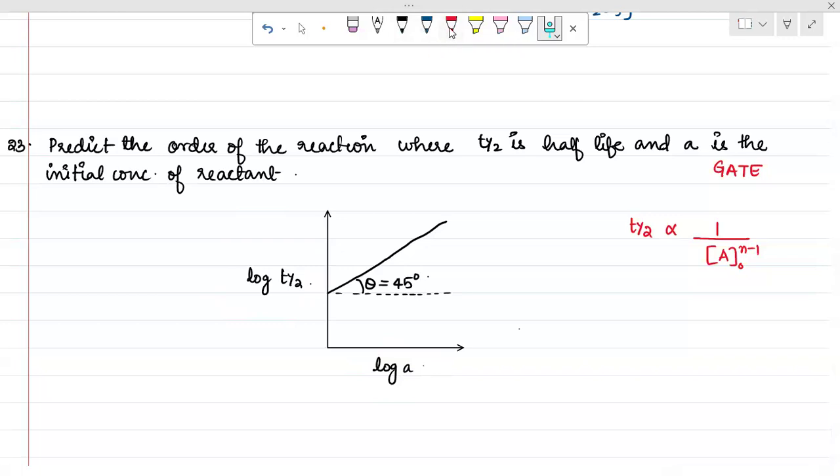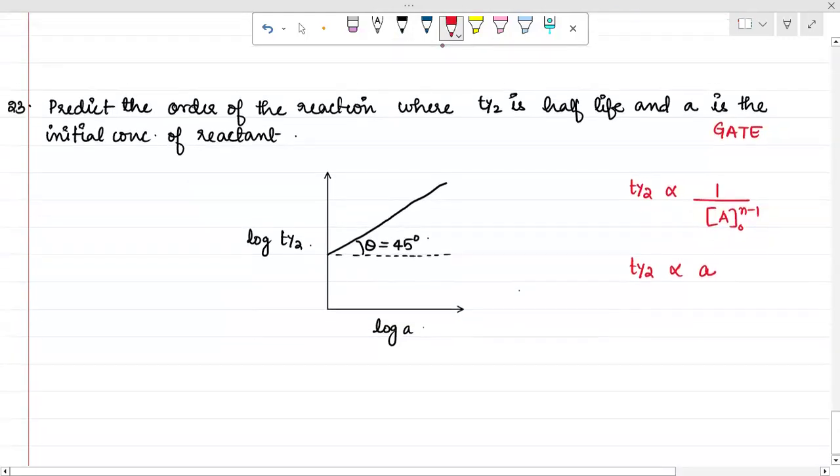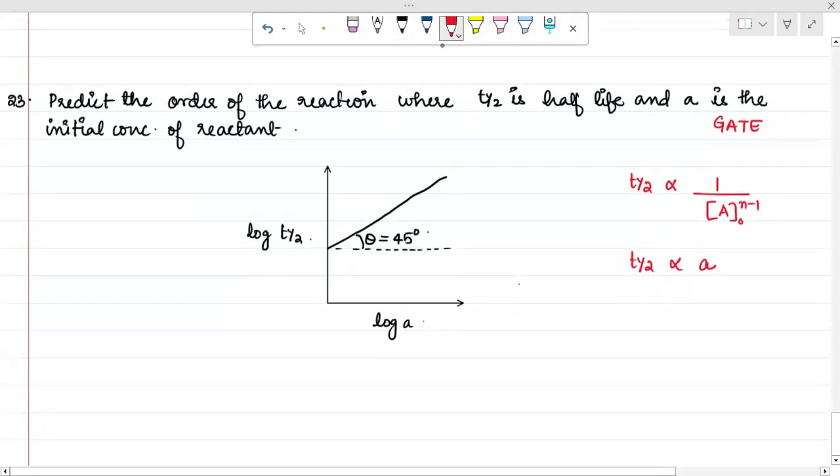So from this graph, you can say that T half is proportional to A. Instead of A naught, they have given A. Anything can be given in the question paper, okay? We have learned it in terms of capital A naught. They have given just A. It's okay. Your concept should be clear. So T half is proportional to A over here.